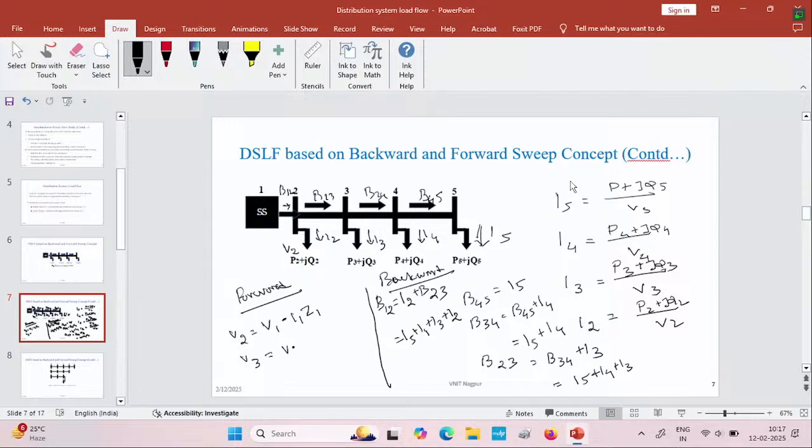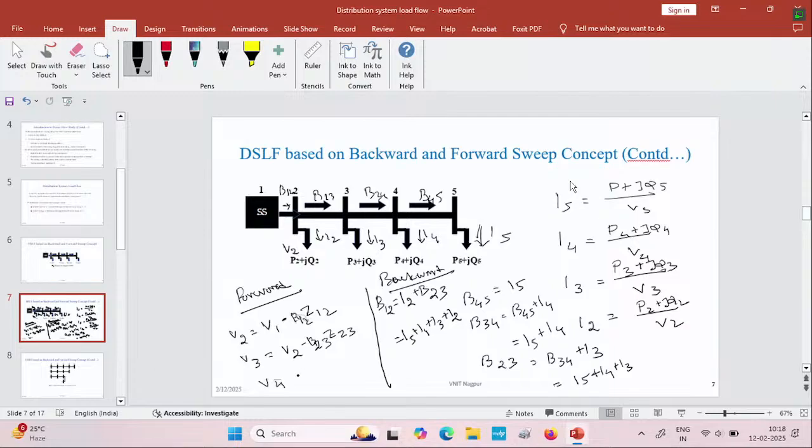Once V2 is known, we can calculate the voltage for node number 3. This voltage is supposed to be V2 minus, not I1, the branch current B23 into the impedance Z23.